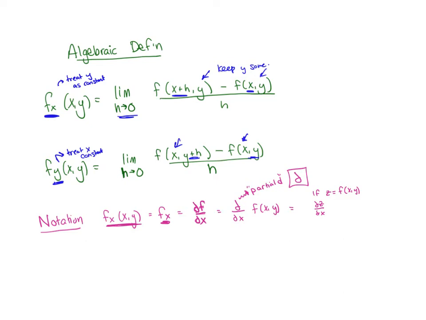We have similar conventions for y. So partial with respect to y of f of x and y is the same as f sub y, which is partial f partial y, or partial d by dy of f of x and y. Oops, they should be y's, not x's. Let's fix that. So I get all of these same notations if I'm doing a partial with respect to y.